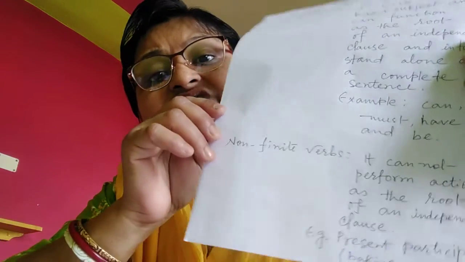I have written one definition here on the page. I will give you the photo so that you can write the proper definition of finite verbs in your copy. It is a form of verb which has a subject and can function as the root of an independent clause, meaning part of a sentence, and in turn stand alone to act as a complete sentence.